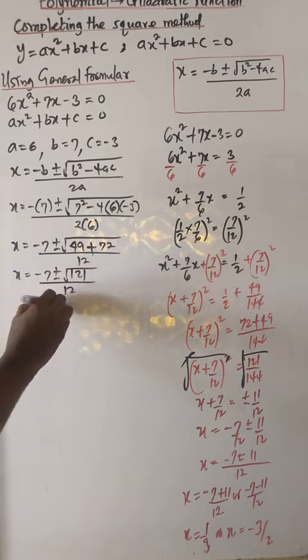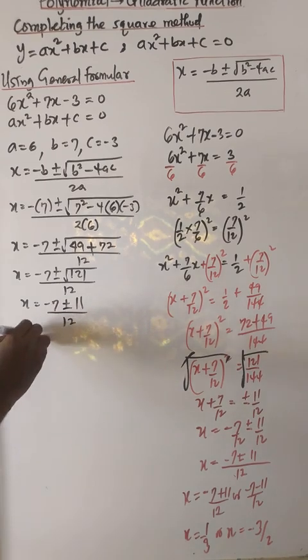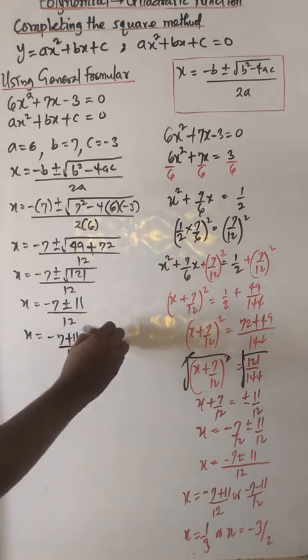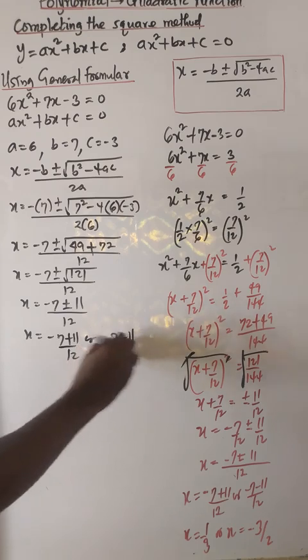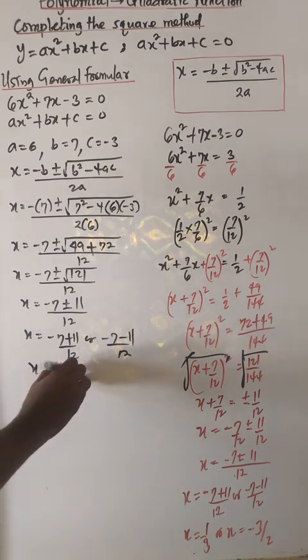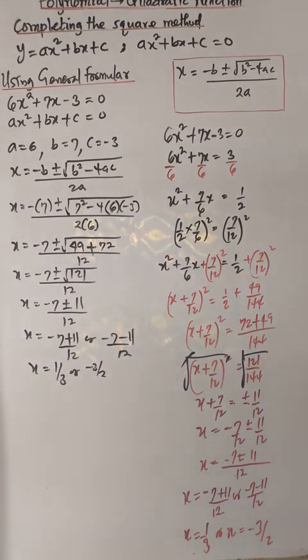So x becomes minus 7 plus or minus 11 over 12. So x becomes minus 7 plus 11 over 12, or minus 7 minus 11 over 12. From here, x equals 1 over 3 or minus 3 over 2. Same answer, and it's shorter and less stressful.